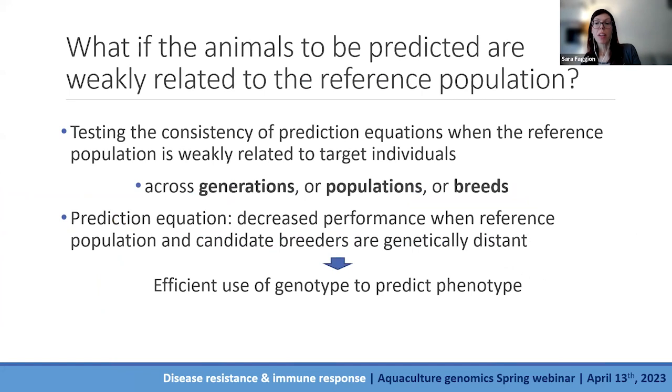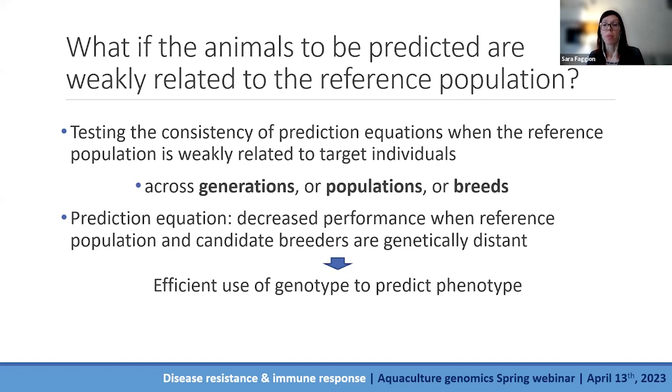Second question: what if the animals to be predicted are weakly related to the reference population? It is clear that testing the performance of a prediction equation that has been derived using information of a reference population that is weakly related to the individuals we want to predict, so weakly related to the target individual, is really important.